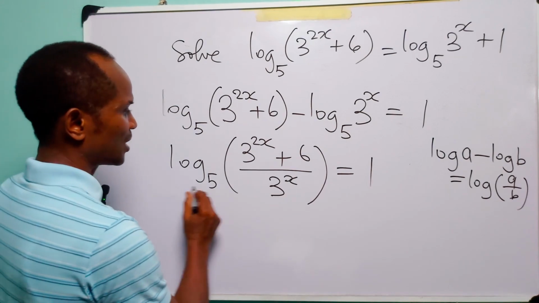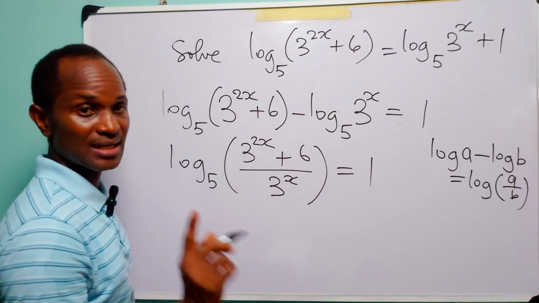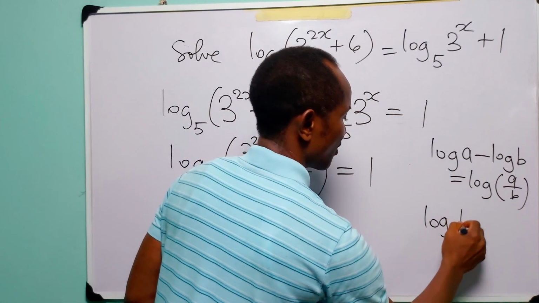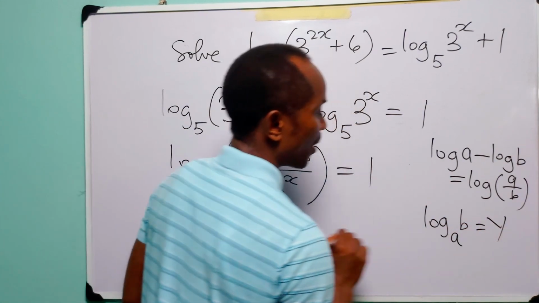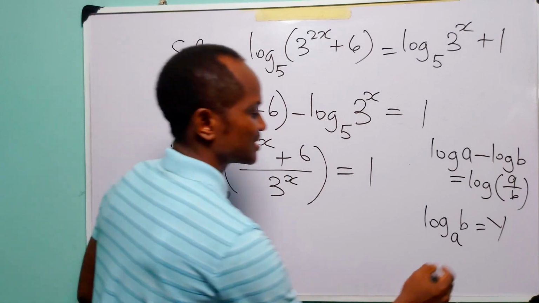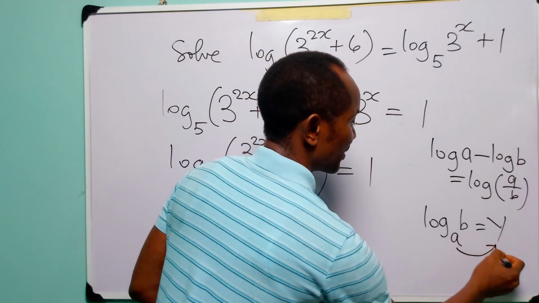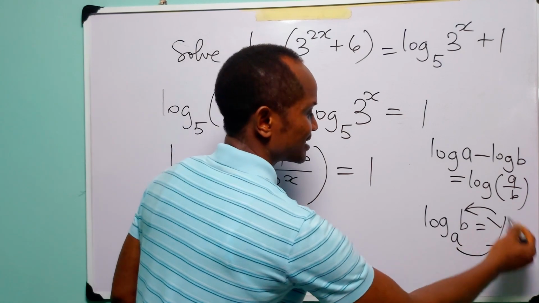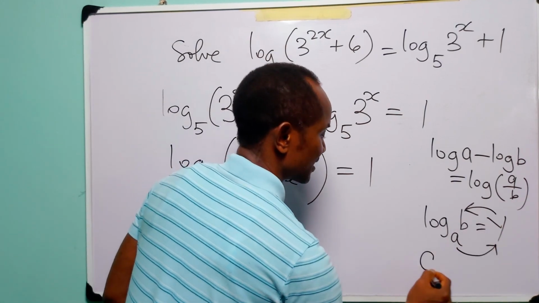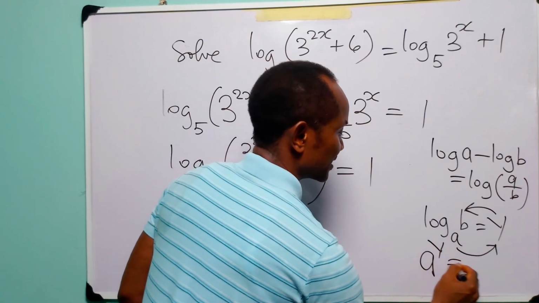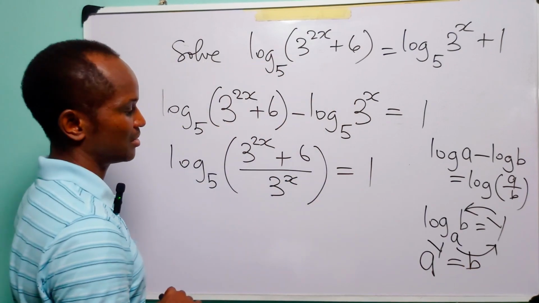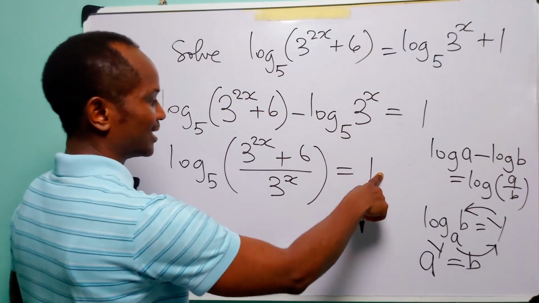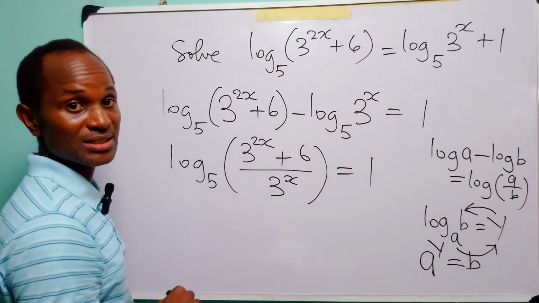Next, recall that when we have a statement like this, that is log to base A of B is equal to y, it simply means that A to the power y is equal to B. Note the anti-clockwise movement. A to the power y is equal to B. So that means that 5 to the power 1 is equal to this quantity.